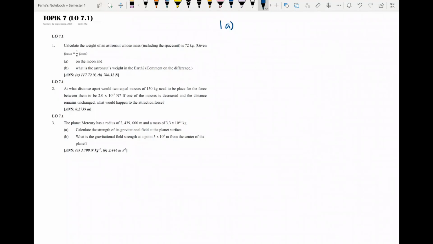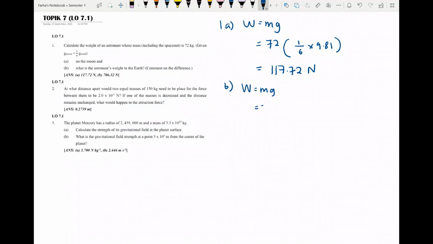Question 1a, from weight equals mass times gravitational acceleration, mass is 72, g Moon is 1/6 g Earth, g Earth is 9.81, so it will equal 117.72 Newton.